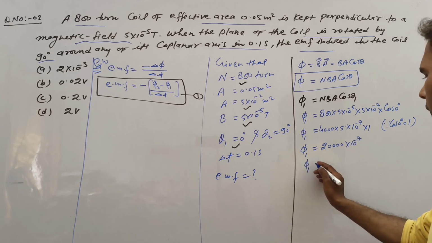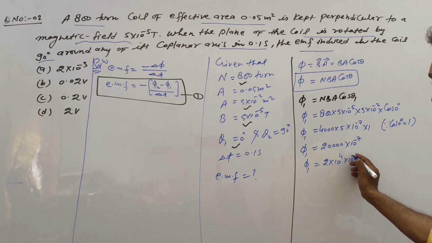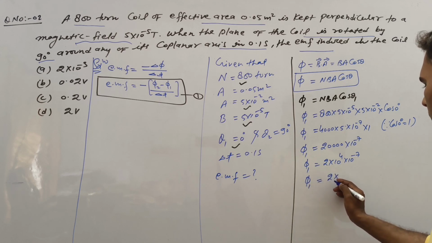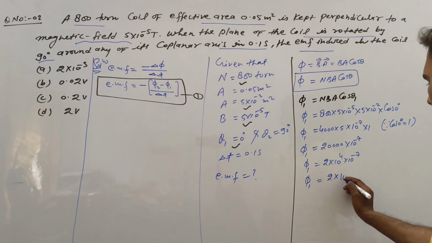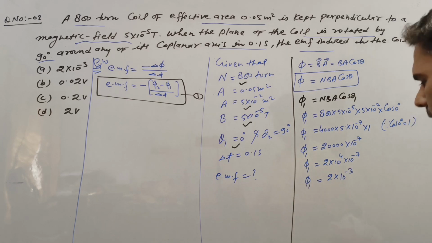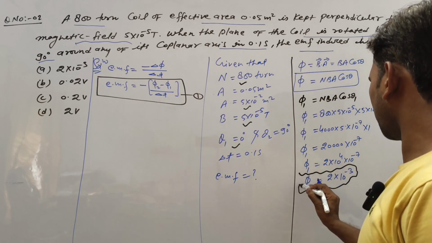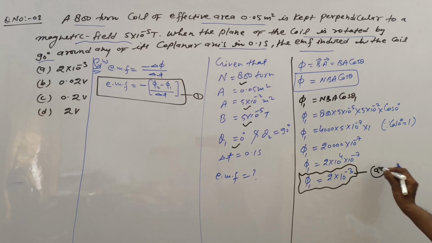Now phi 1 is equal to 2 multiplied by 10 power 4 multiplied by 10 power minus 7. So phi 1 is equal to 2 into 10 power minus 3. This is the initial magnetic flux, phi 1.